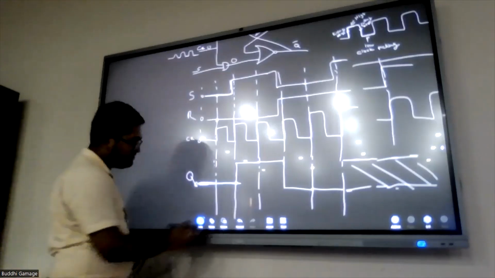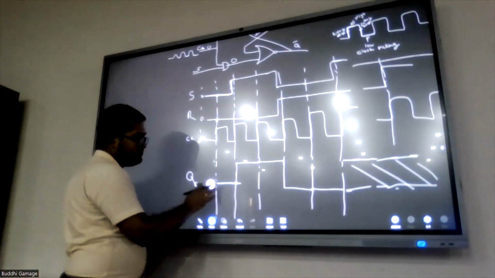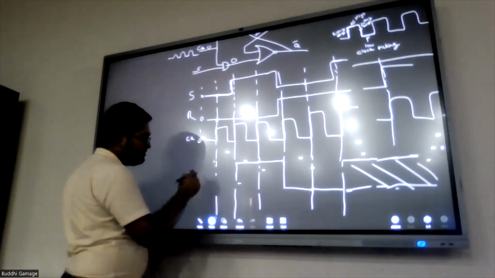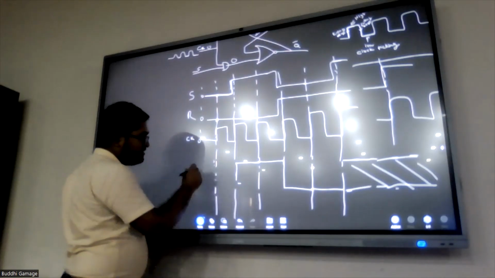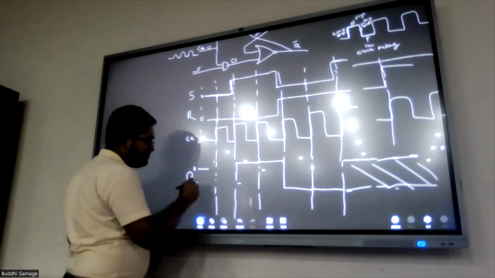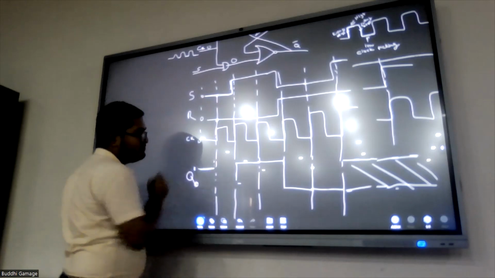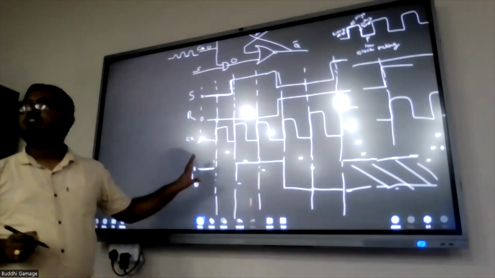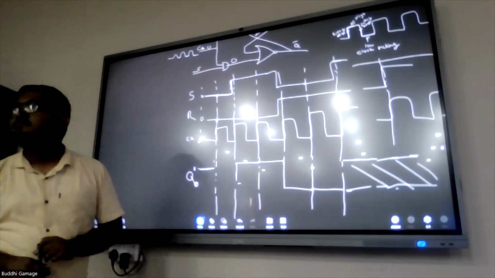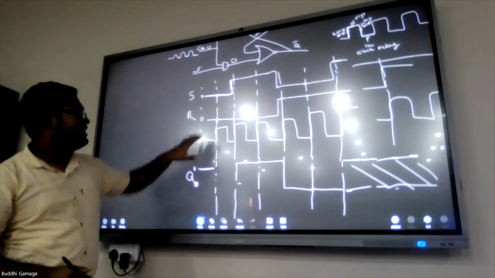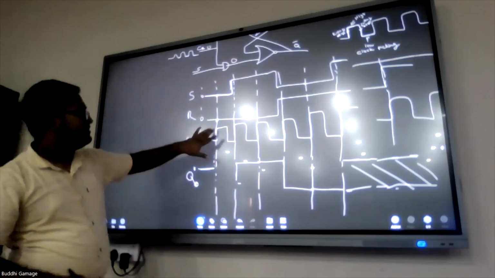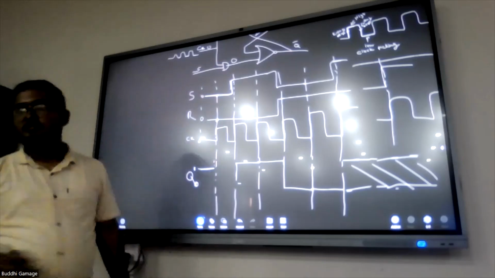Let's consider this particular part is 1. Then what will happen? If this is 1, where the clock tick happens, S and R are 0, 0.